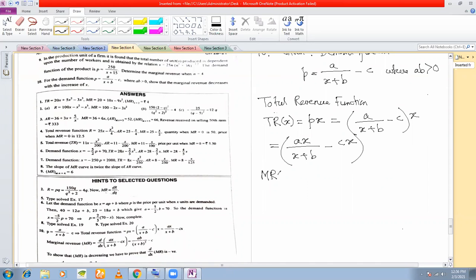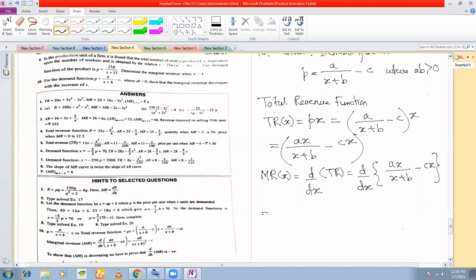Now we shall find out the marginal revenue. What is the marginal revenue? It is the differentiation of total revenue, d dx of total revenue. And what is the total revenue here? AX by X plus B minus CX, right?